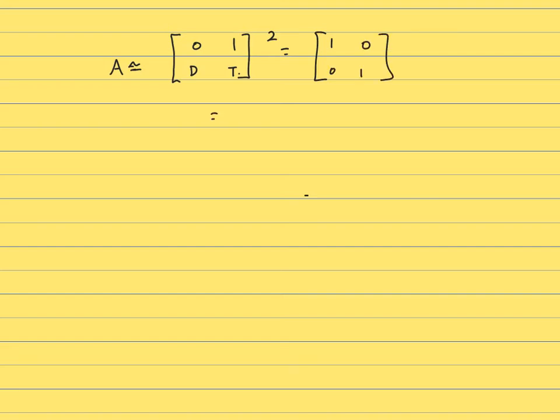So let's square this matrix and see what you get. In the upper left, you get 0 times 0 plus d, you get d. In the upper right, you get 0 times 1 plus 1 times t, you get t. In the lower left, you get d times 0 plus t times d, you get td.